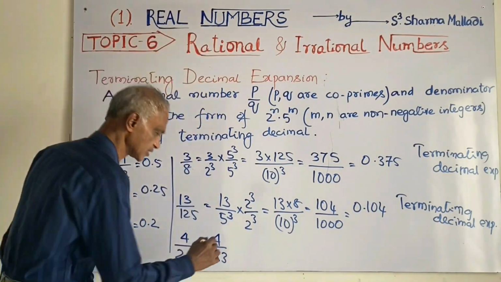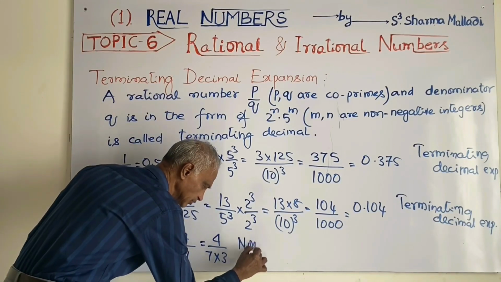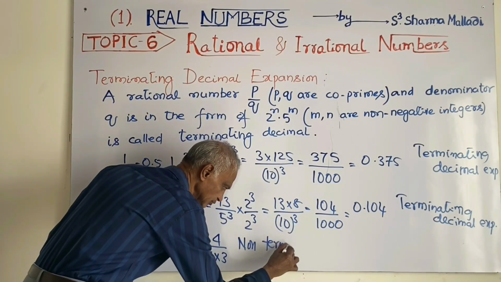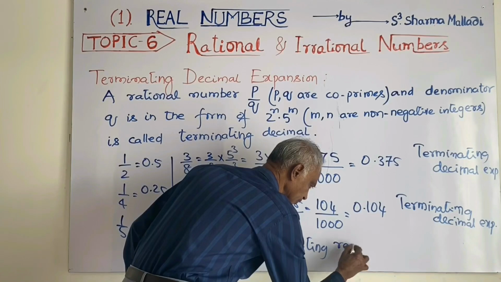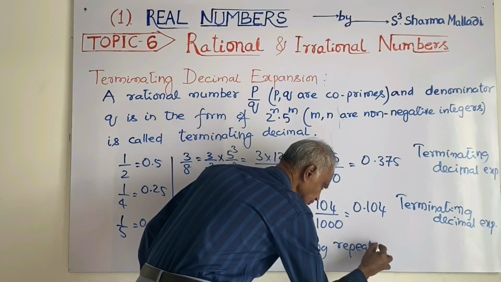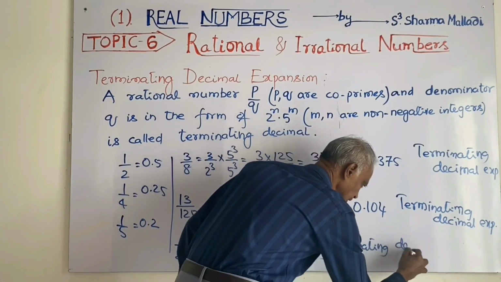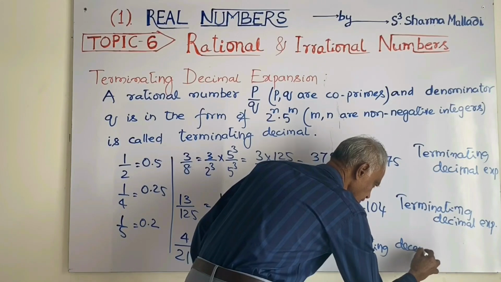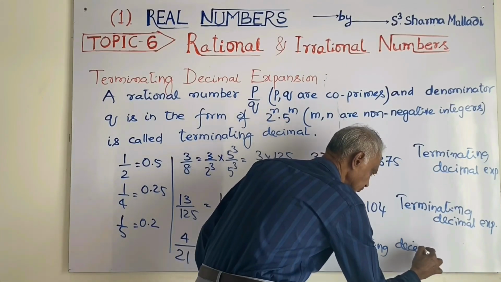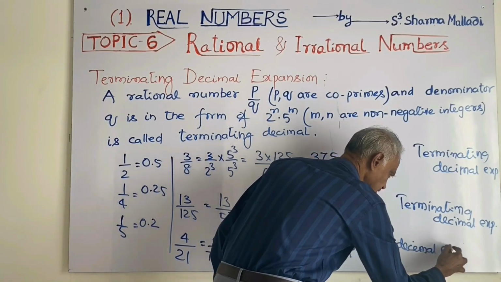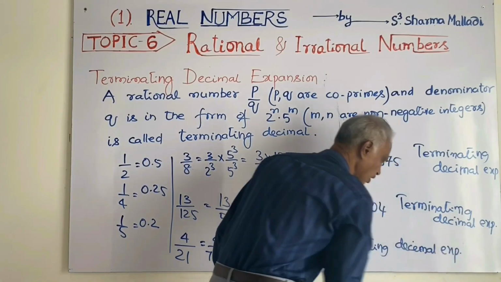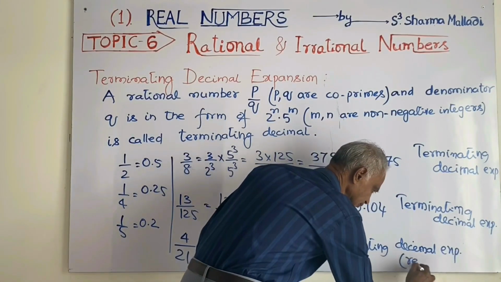That's why it is non-terminating repeating decimal expansion or recurring.